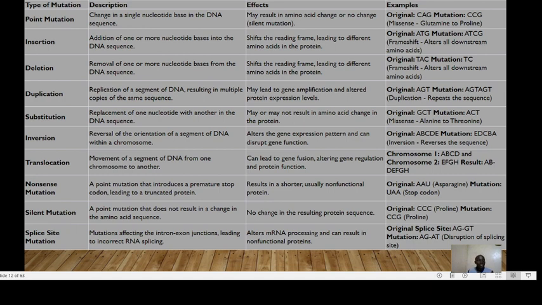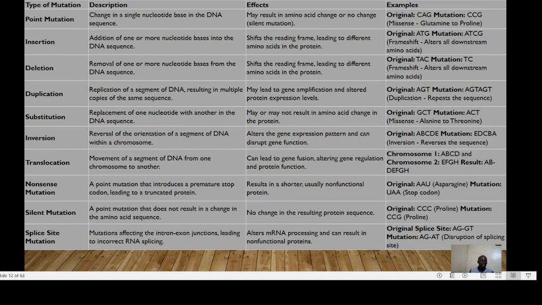We could also have inversion, where we have reversal of the orientation of a segment of DNA within a chromosome, which eventually alters the gene expression pattern and can disrupt gene function. For example, you could be having ABCDE, and the mutation results in EDCBA. So we have a reversed sequence.